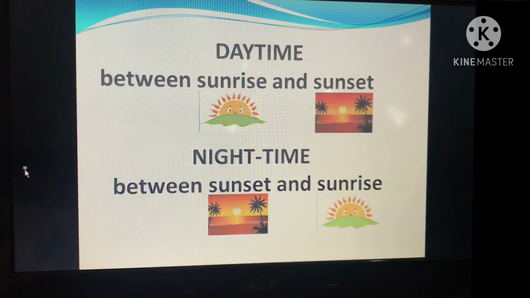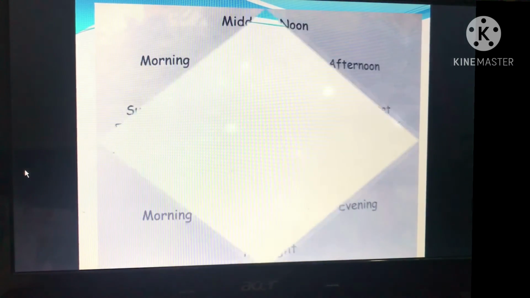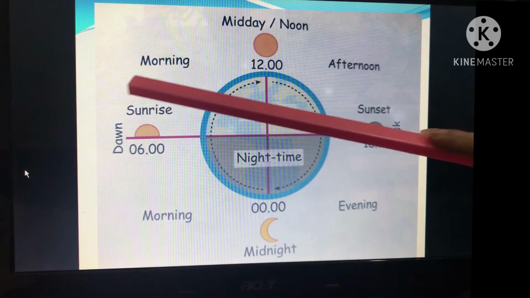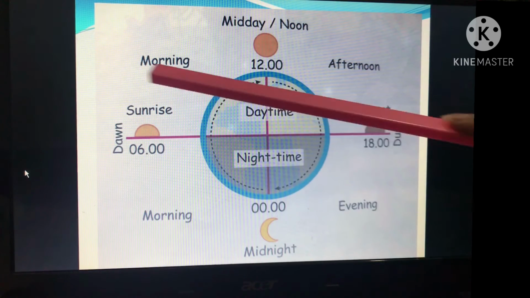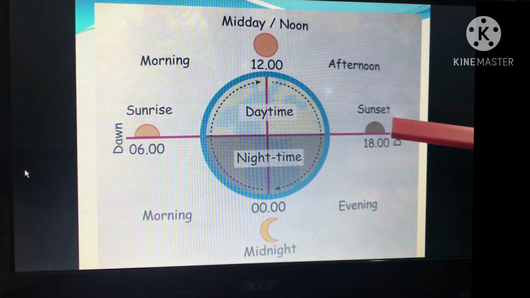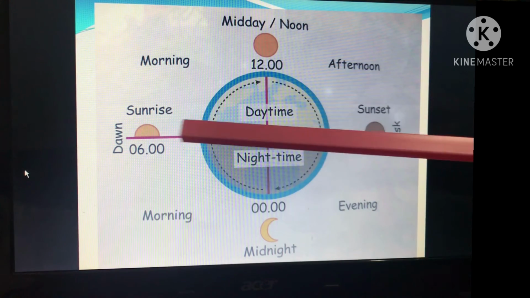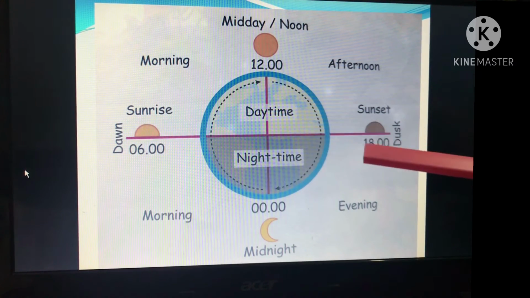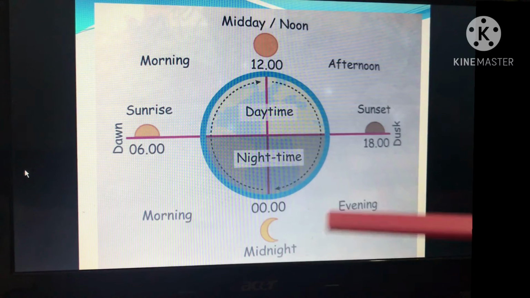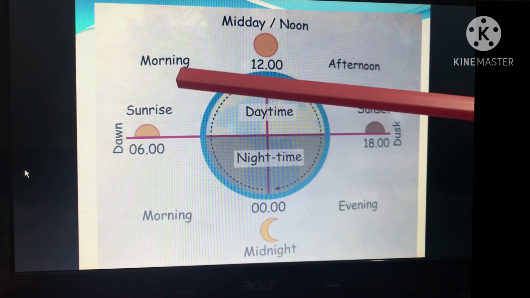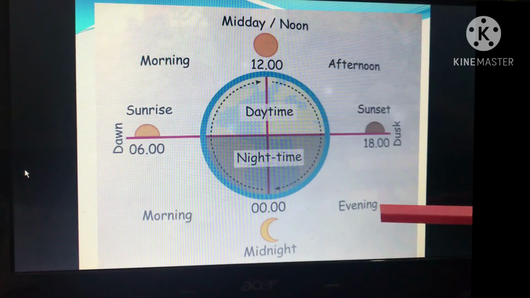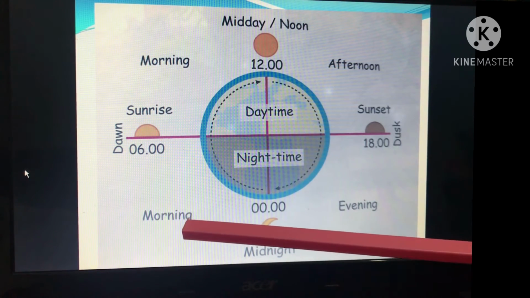Next, we have here the chart. If you can see the chart, this is the sunrise and here we have the sunset. So this is the daytime, and this is the nighttime. So we have here morning, afternoon, evening, and morning.